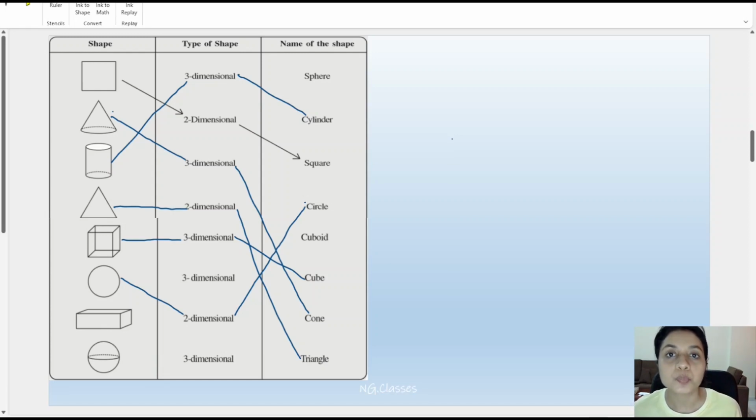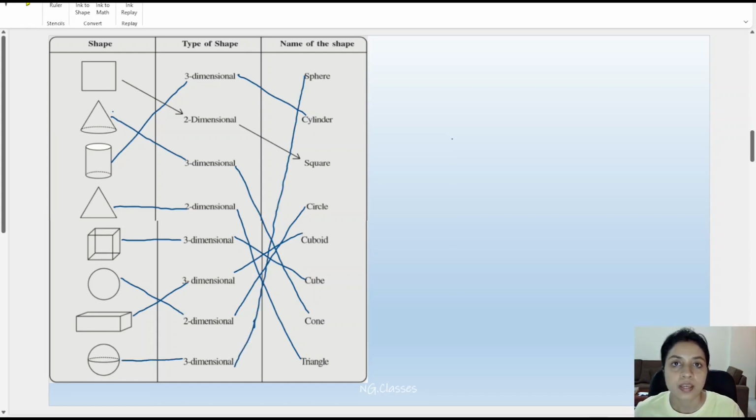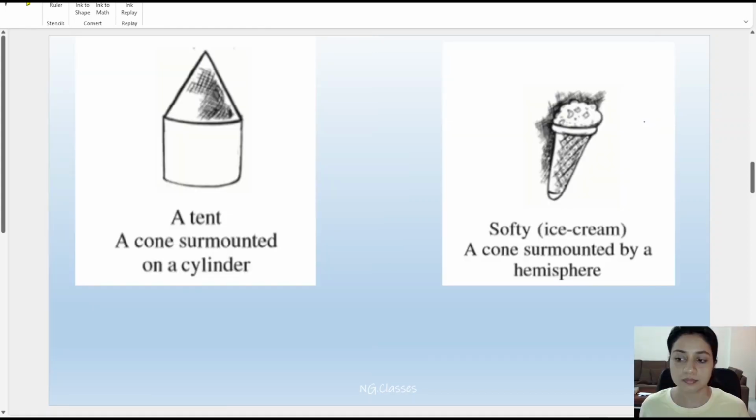And we know a cuboid is also a three-dimensional shape. So let's match it. Let's do the last one. The last figure looks like a globe, right? And we know a globe is a spherical shape. The name of this three-dimensional shape is sphere. So let's match it. And hence we are done.